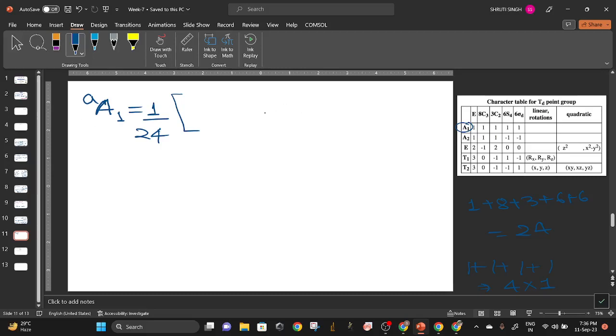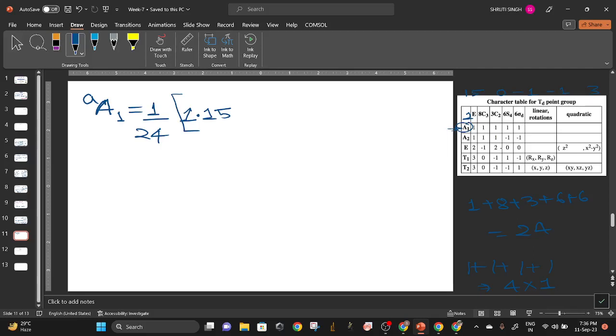Now for E, the coefficient is 1. I'll write the coefficient first: 1 times the character in the reducible representation, which is 15, times the character under irreducible representation A1.